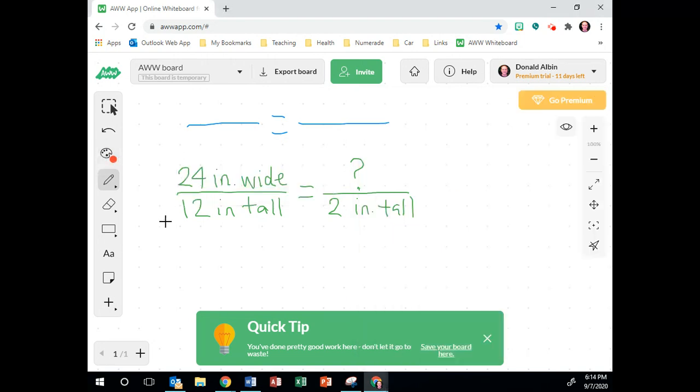This time I'm going to write $2 for 6 tala. It doesn't really matter which one you put in the numerator or the denominator, as long as you're consistent. My numerator has to be dollars now to be consistent, and my denominator is going to be tala.